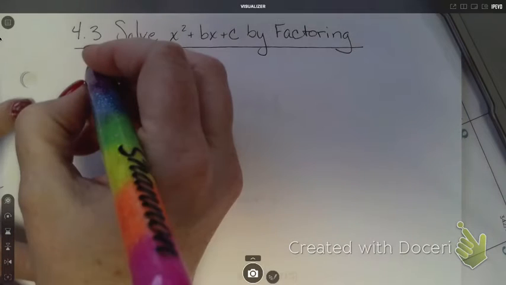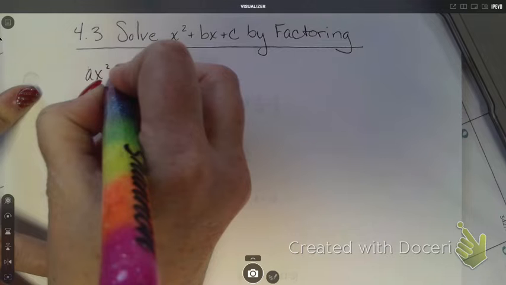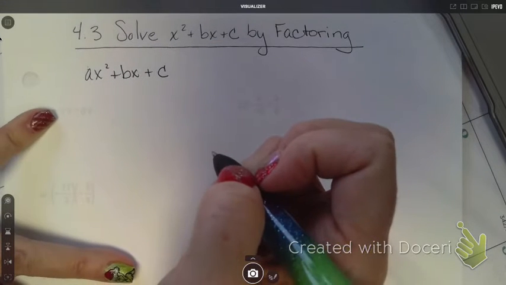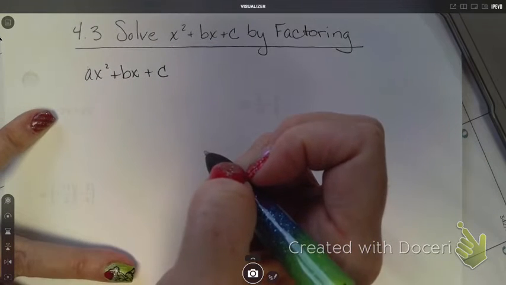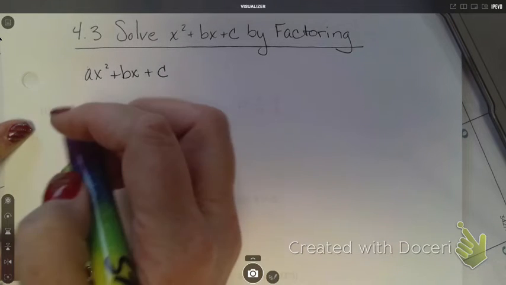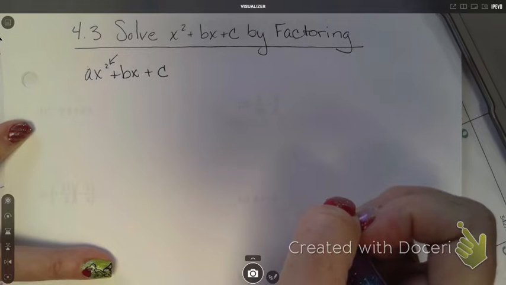I want to remind you, ax squared plus bx plus c is a trinomial. It's a quadratic trinomial. Trinomial because there are how many terms? 3. Quadratic because the highest power is 2.